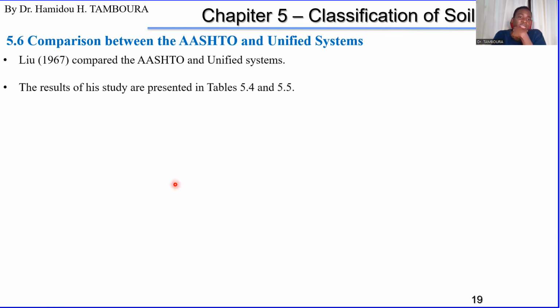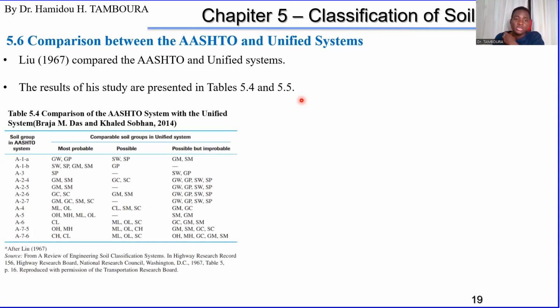And this reference did a comparison between the two systems, AASHTO system and unified classification system, in these two tables. This first table is more like a correspondence between the group symbols.